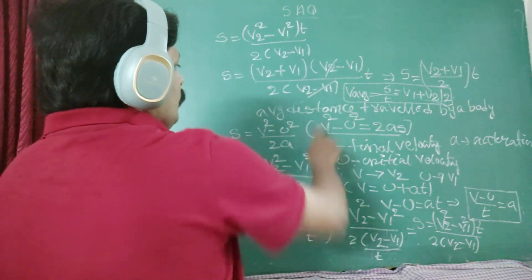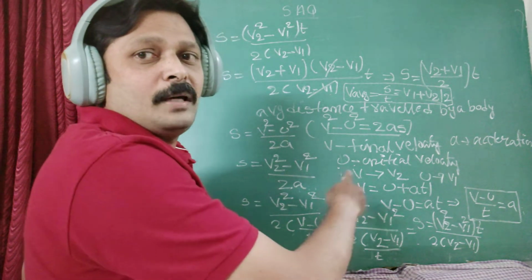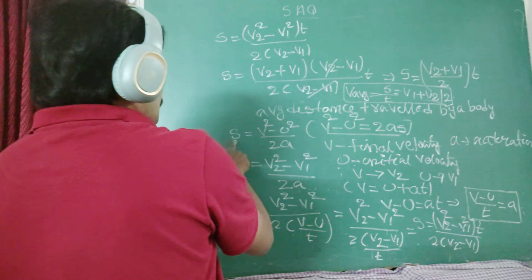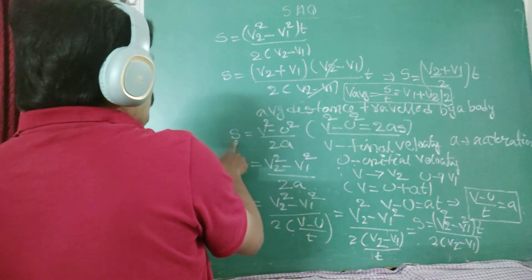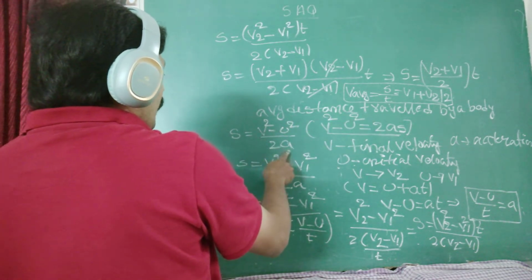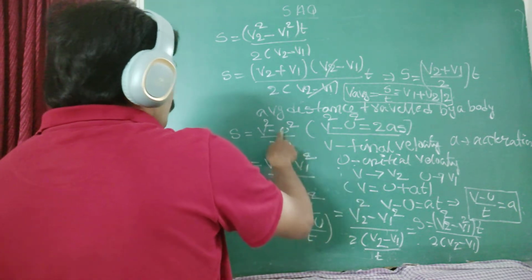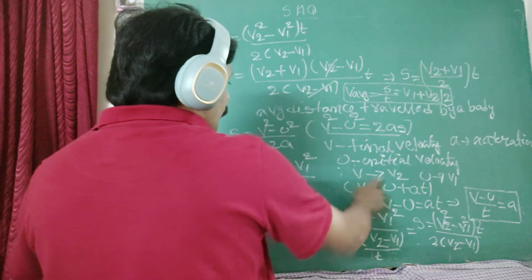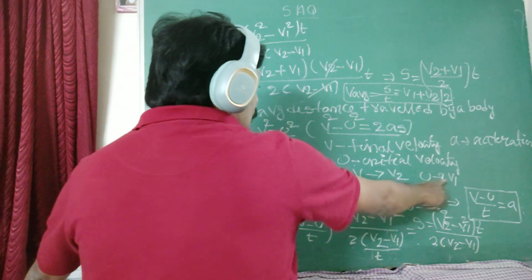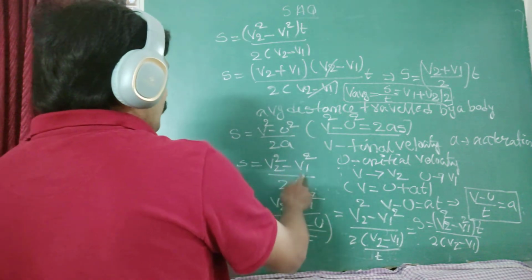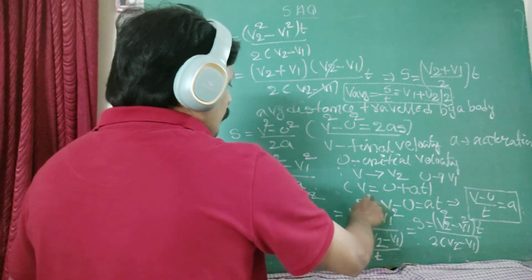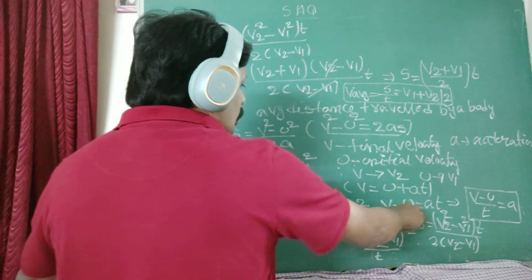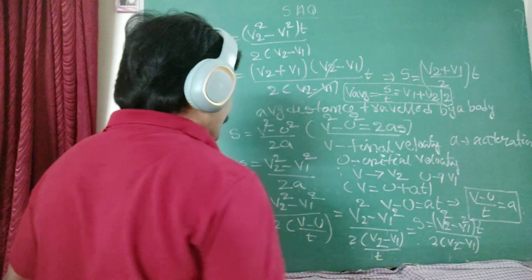By selecting the uniform motion equation v square minus u square equals 2as, in terms of distance, average distance traveled by the body s is v square minus u square by 2a. v is the final velocity, u is the initial velocity. Now that one is replaced, for the given condition, v equals v2 and u is replaced by v1. Substitute that in the numerator. Now the a value also, by taking the uniform motion equation v equals u plus at, v minus u equals at, and a equals v minus u by t.